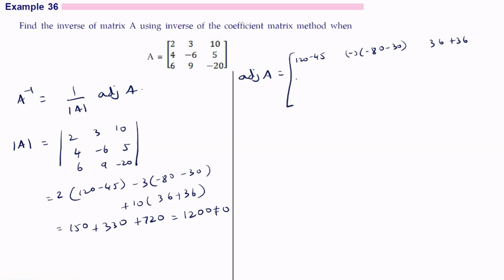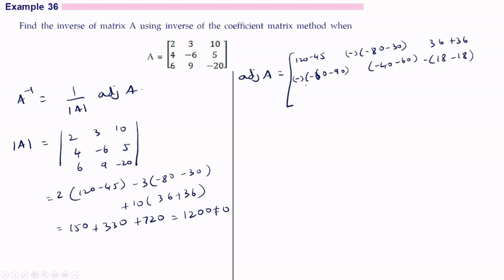Next we have the cofactor of the element in the second row, first column. So it is minus 60 minus 90, and then we have minus 40 minus 60. And then it is 18 minus 18 with a negative sign.